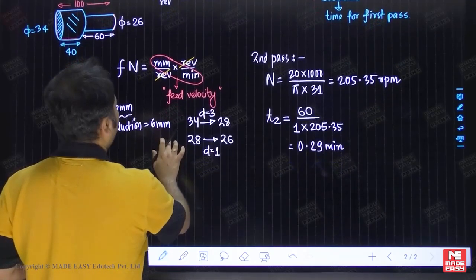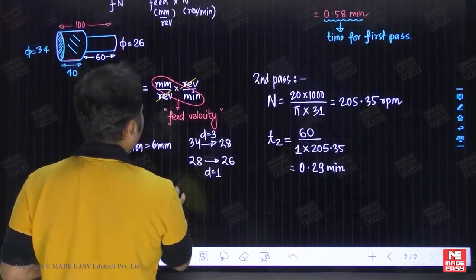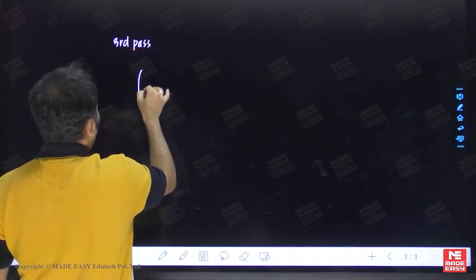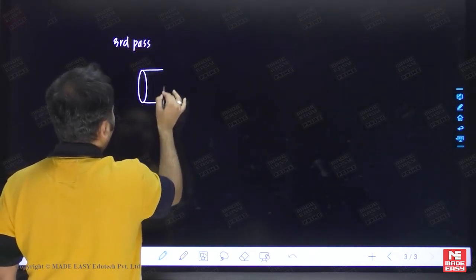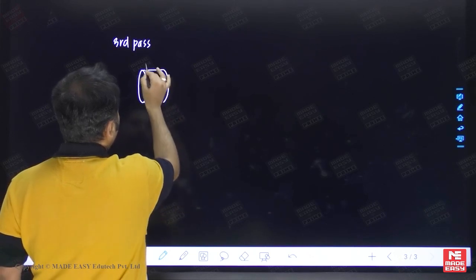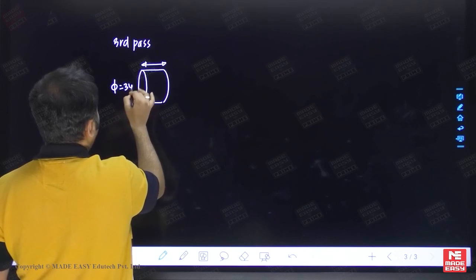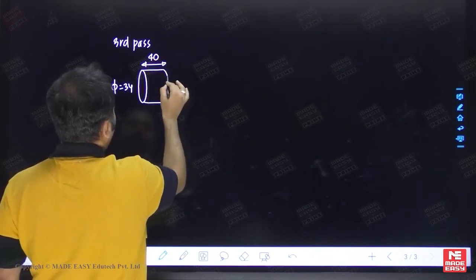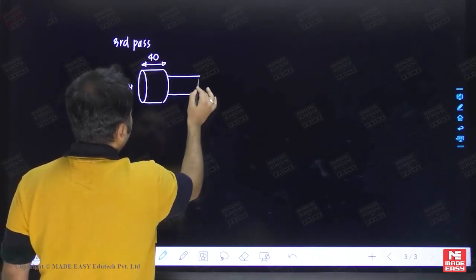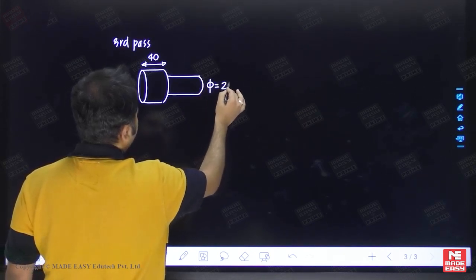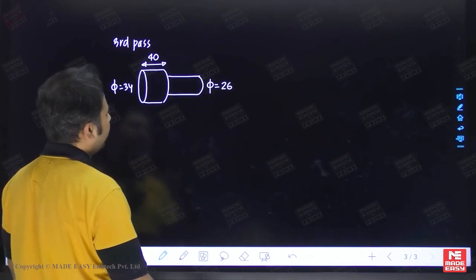So now let's go for the third pass. I'll write here third pass. So already the cylindrical body has a diameter of 34 mm for a length of 40 mm, and for the rest 60 mm we have already reached 28, but now we want it to be 26.